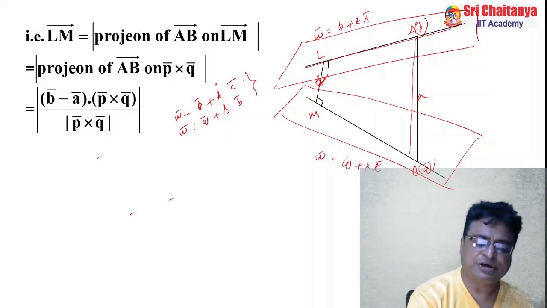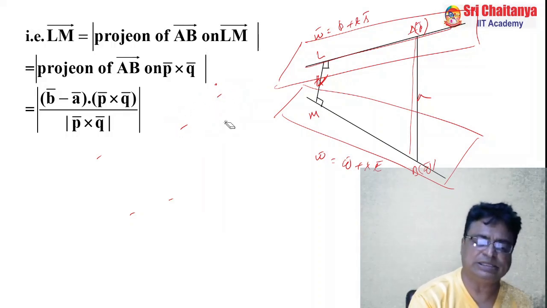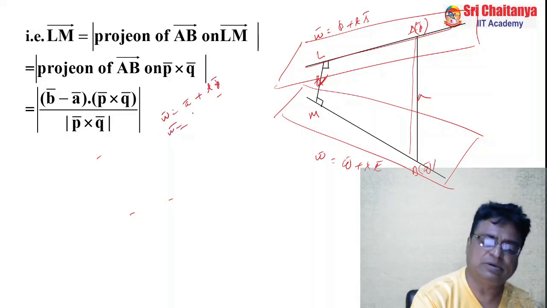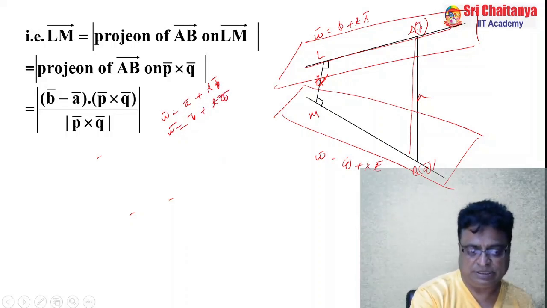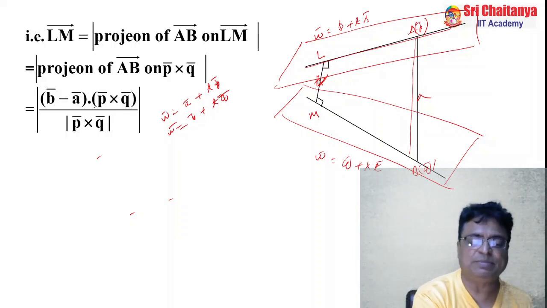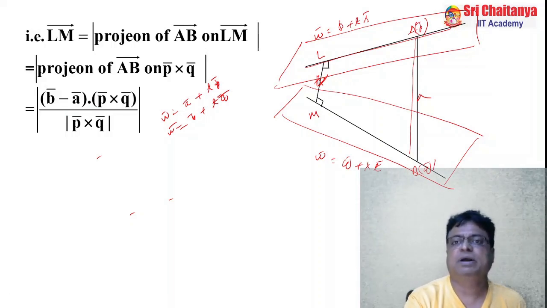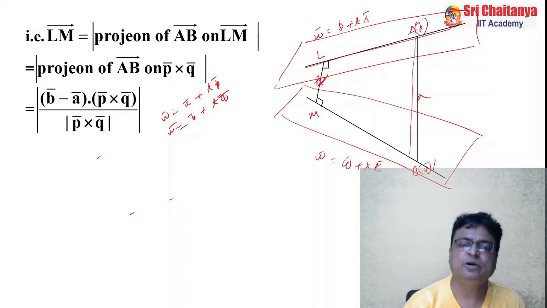Then, R bar is equal to A bar plus T P bar, and R bar is equal to B bar plus T Q bar. Then the projection, which is called the shortest distance between these two lines, is equal to B bar minus A bar dot P bar cross Q bar by mod P bar cross Q bar. This is the formula to find the shortest distance between two lines.